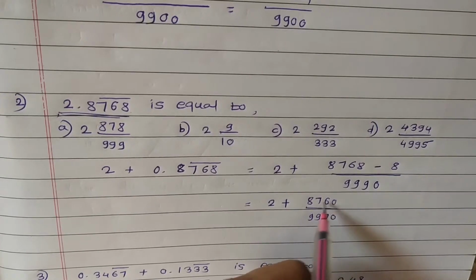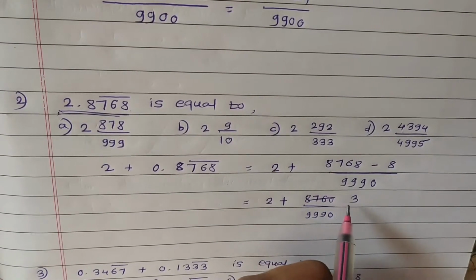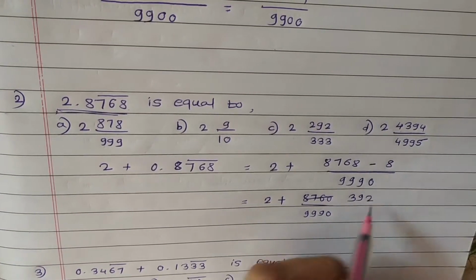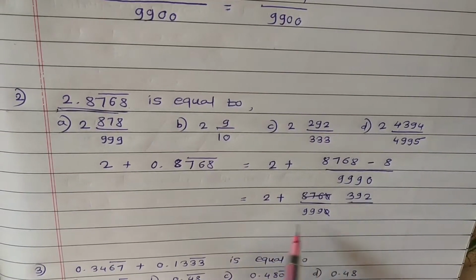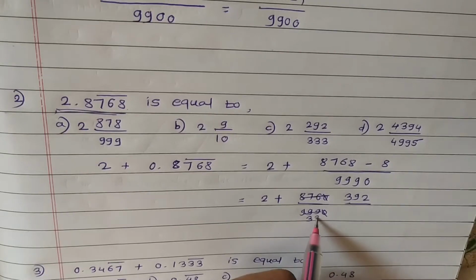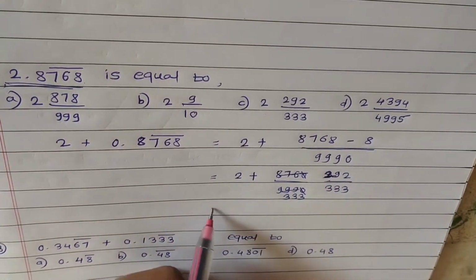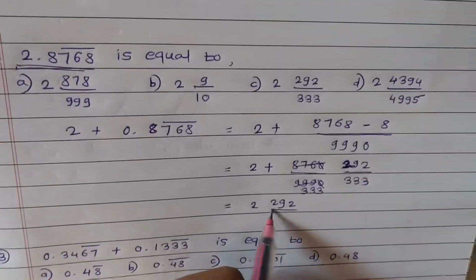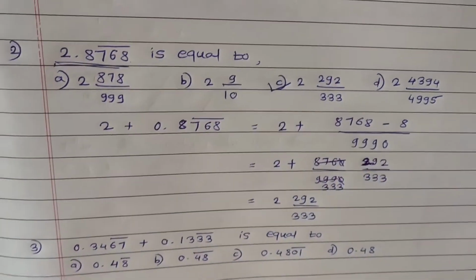This can be cancelled with 3. 3 2s are 6, carry 2, 3 9s are 27 and 3 2s are 6. This 0 will cancel with this 0, and divided by 3: 3 3s are 9, 3 3s are 9 and 3 3s are 9. Sorry, here will come 2, which is equal to 2 complete 292 upon 333. Hence your option C is correct.